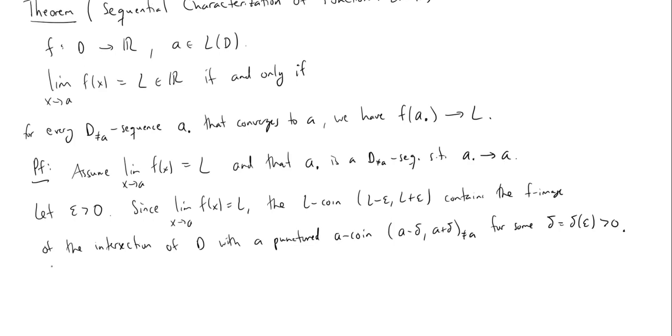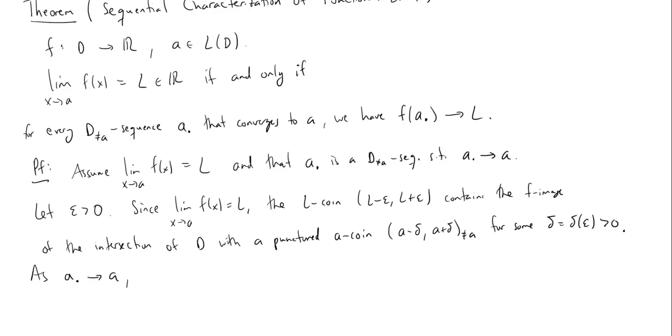So as a-dot converges to A, we know that a tail is contained in this punctured A coin.